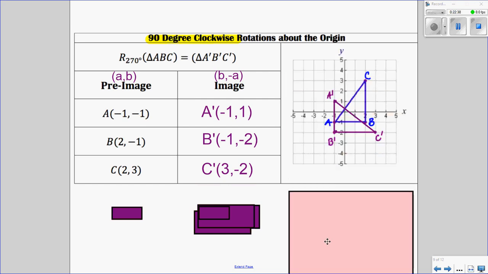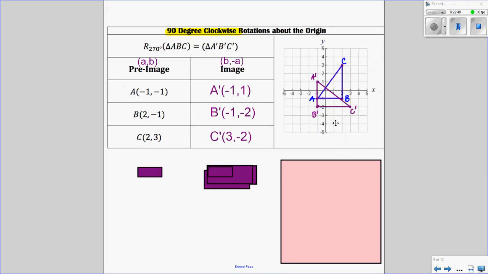You plot both your pre-image and the image, and there you have it. So notice how this triangle turned this way. If you were to turn it clockwise, you'll notice that it will fall into that same position that is drawn on the screen. Okay, so anytime you have any questions and you're still confused, remember you can always email me.